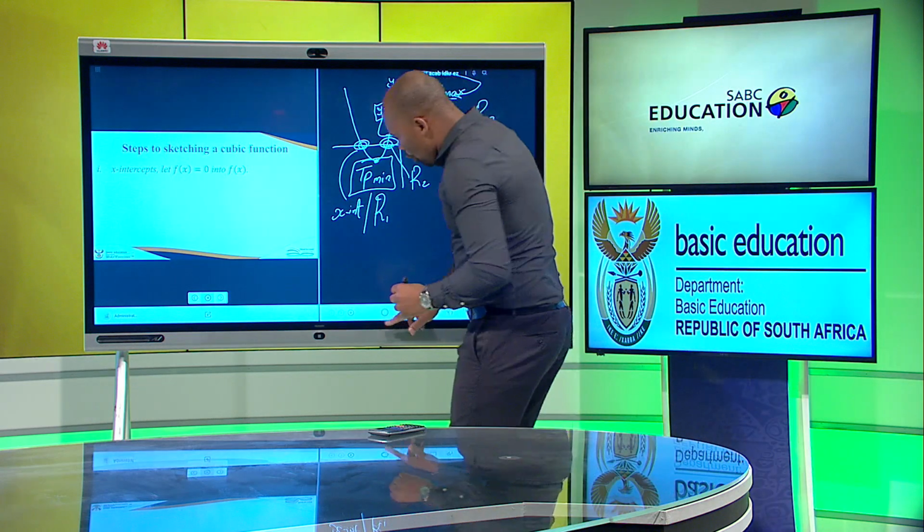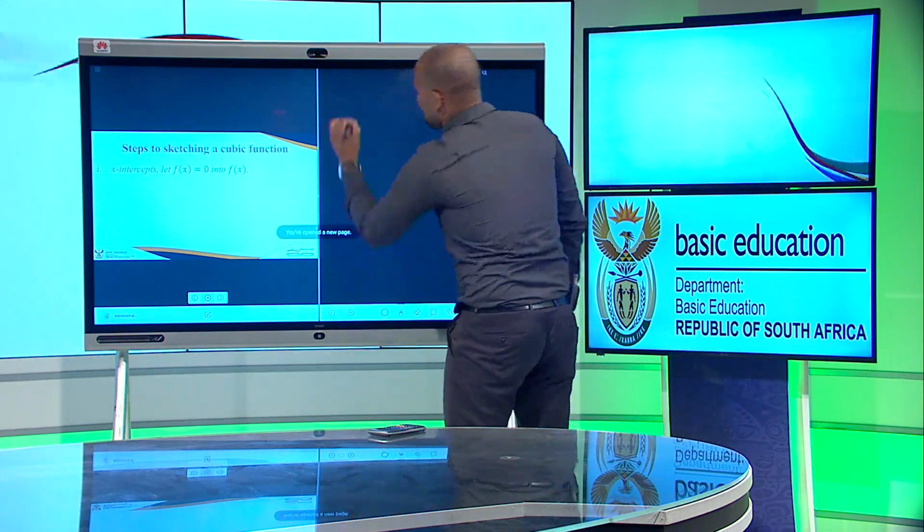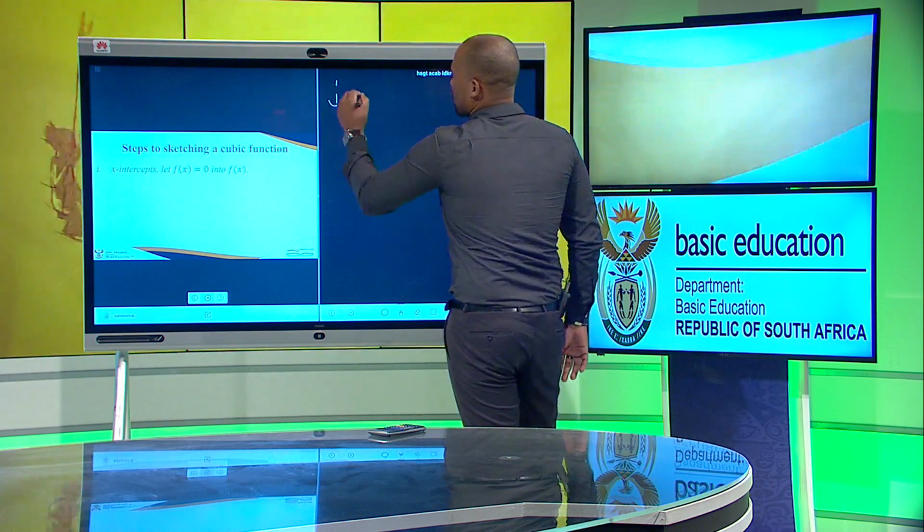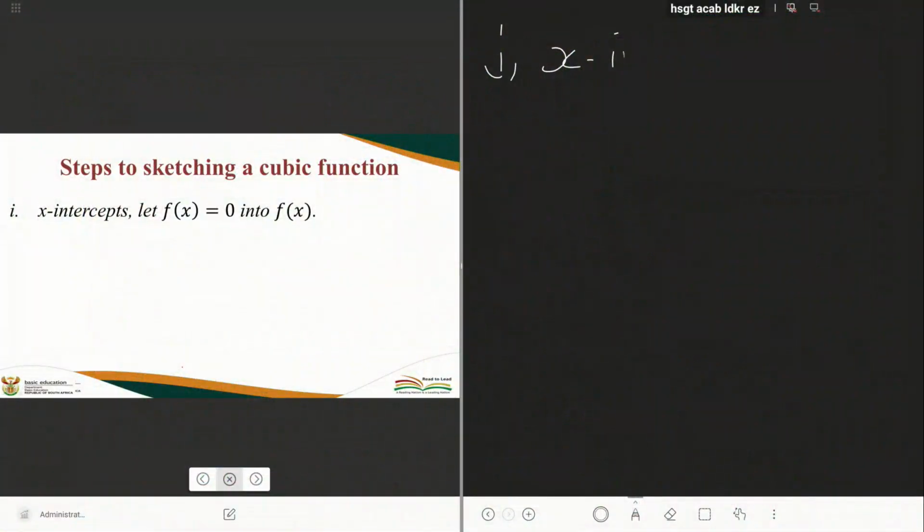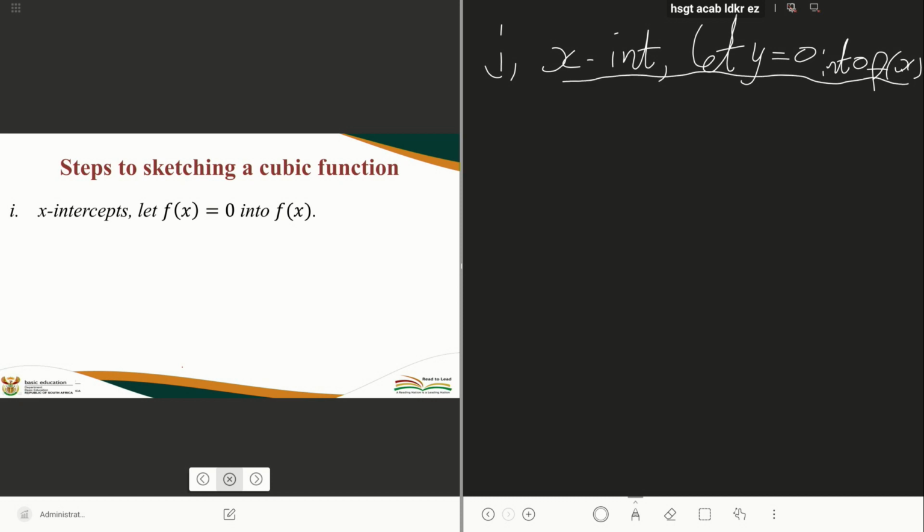When getting our x-intercept, let's remind ourselves: we said we're going to let y equal to 0, or f(x) equal to 0. Since we are dealing with a cubic function, we will have 3 roots.